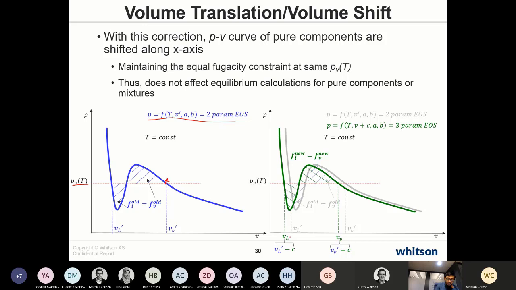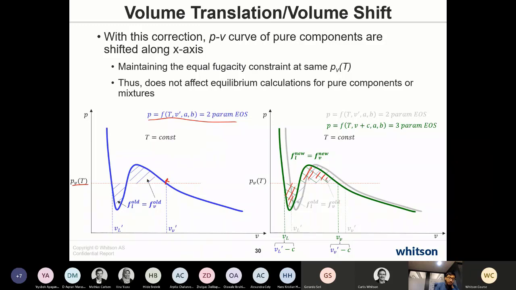So the new, corrected molar volume with this Peneloux method is this liquid phase molar volume and the vapor phase molar volume, and that's simply the old, wrong molar volume minus the C. So you're shifting the entire curve to the left. Since we have moved the entire function, the area under the curve changes, so the liquid phase fugacity and the vapor phase fugacity values will change.